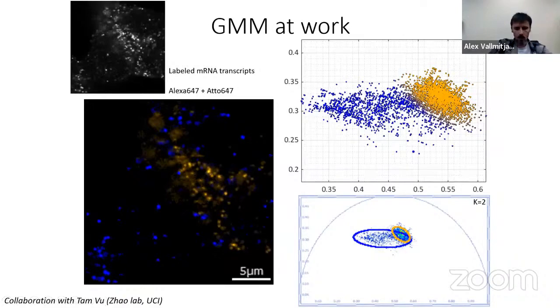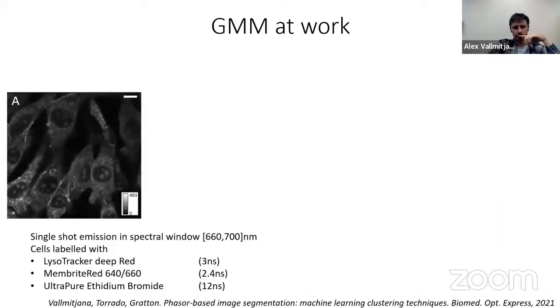This led to a whole lot of work using lifetime and spectra to separate populations in mRNA transcripts. And then as a proof of concept, this is another example that I can show you. An experiment that we did here at the LFD, in which we prepared this group of cells, labeling with 3 fluorophores or dyes that emit also in the red area of the spectrum.